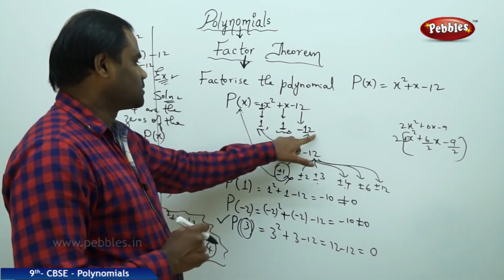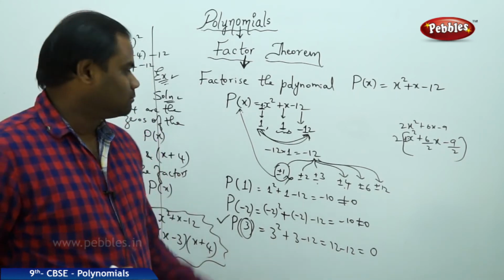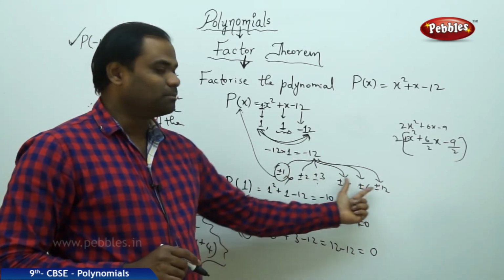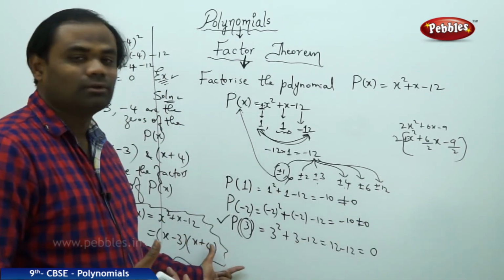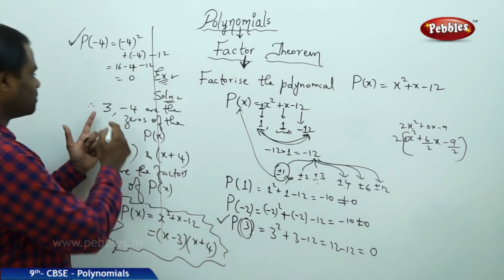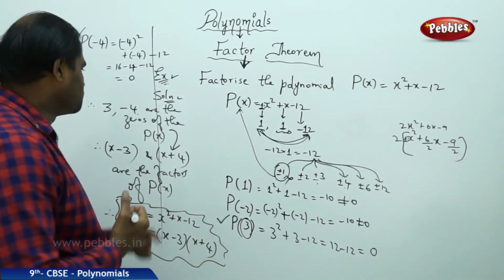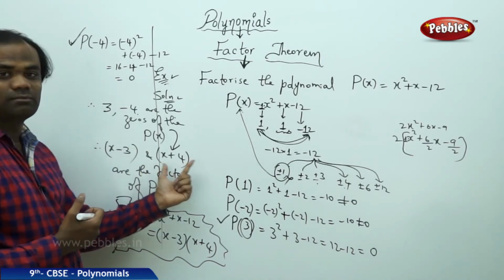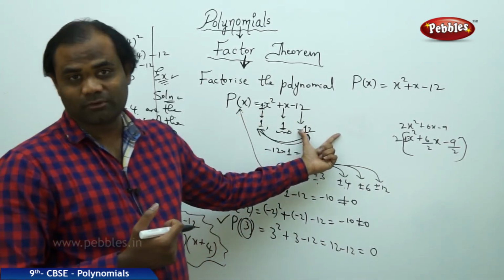Pick the coefficients, multiply the first and last, and find the possible factors. For each of the possible factors, identify which are the zeros of the polynomial. Pick those zeros and use the remainder theorem. Then we get the linear factors x minus a, that is x minus 3 and x minus of minus 4, x plus 4, to be the factors of the given polynomial p of x.